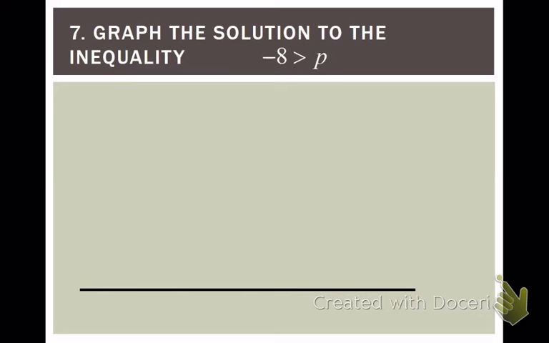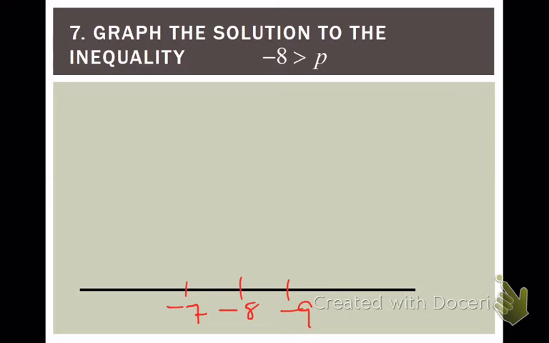Okay, what about this guy? Negative 8 is greater than p. Think about that for a second. What would that look like? Negative 8 is greater than p. All right, well, we're going to put negative 8 here, negative 7, negative 9. Negative 8 is greater than, so I need negative 8 to be larger.